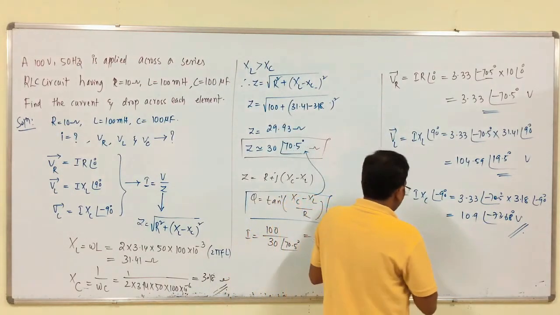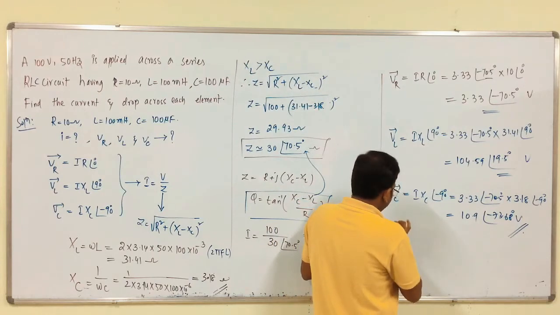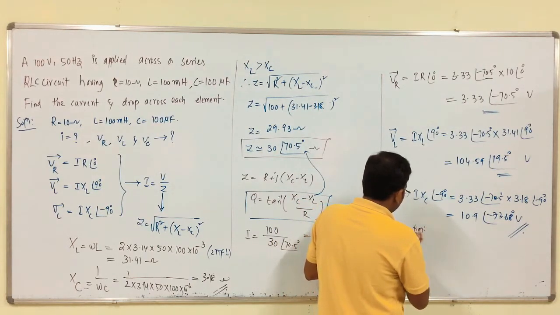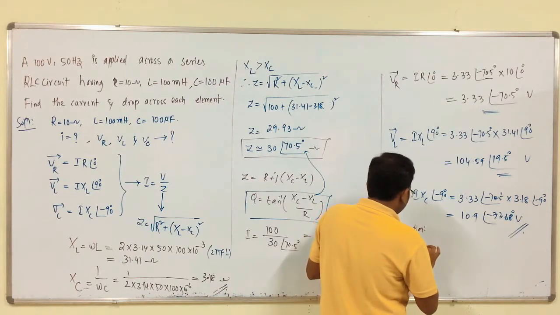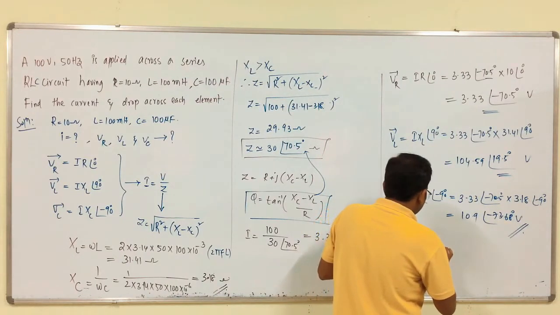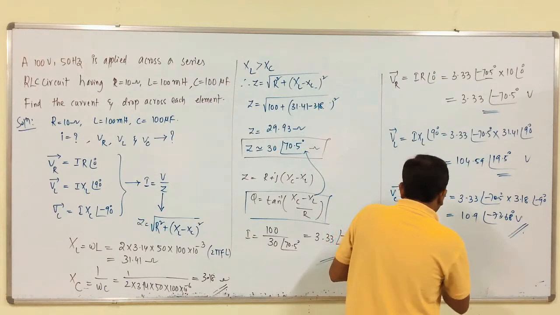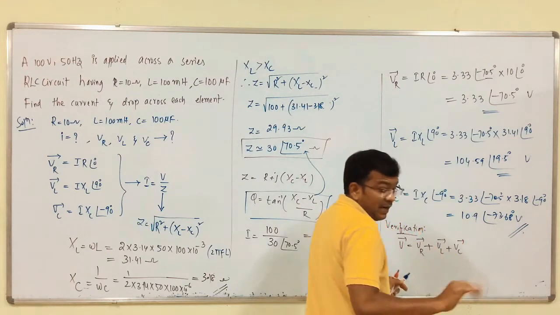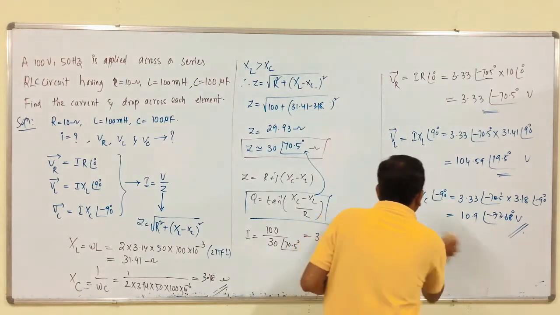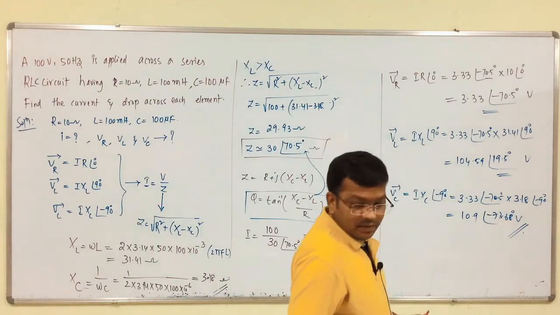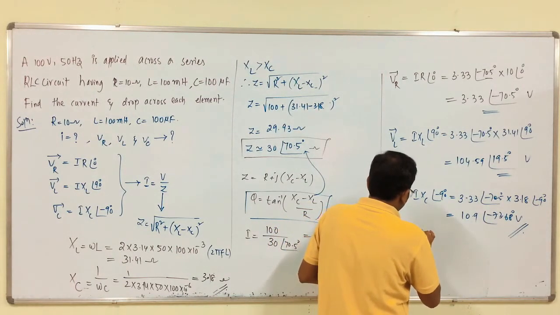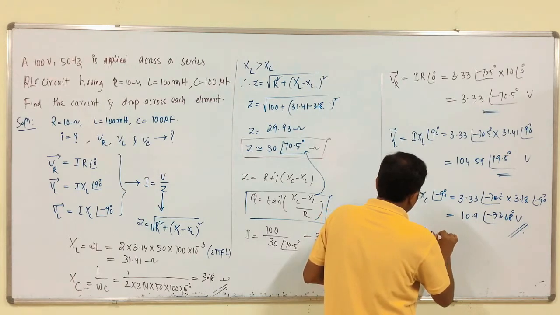So, simple verification. After getting these values, the total voltage drop is nothing but the vector addition of VR, VL, and VC. Now we have to verify the answer.